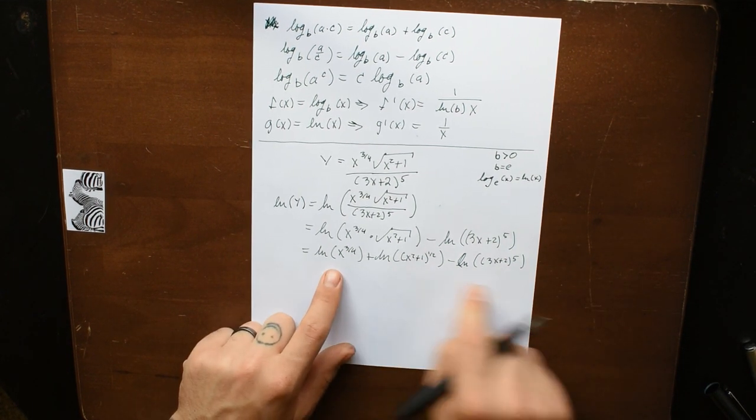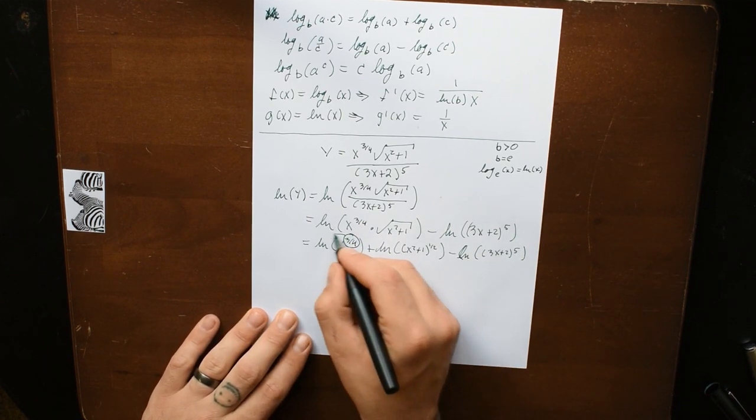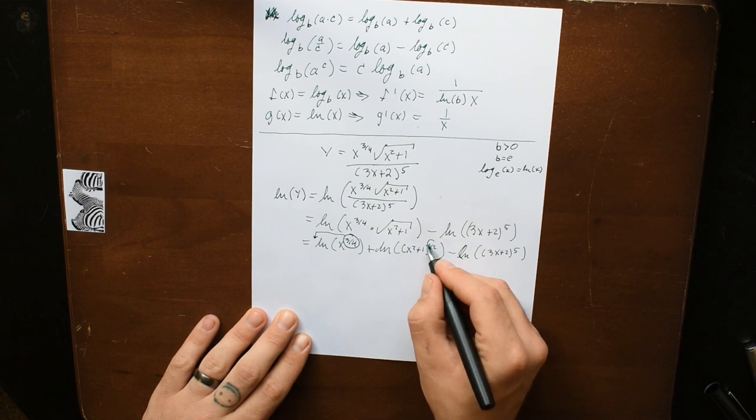Last step is to bring out all of our exponents as coefficients.